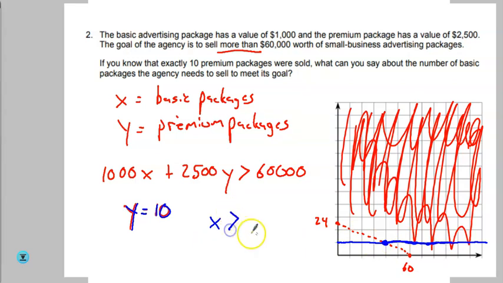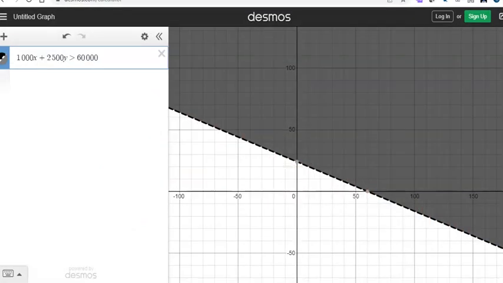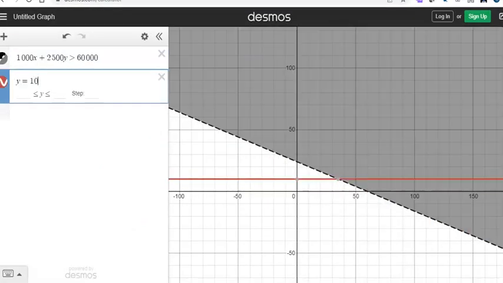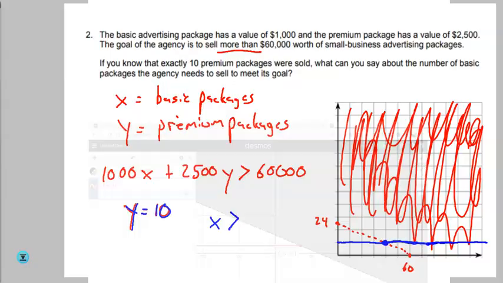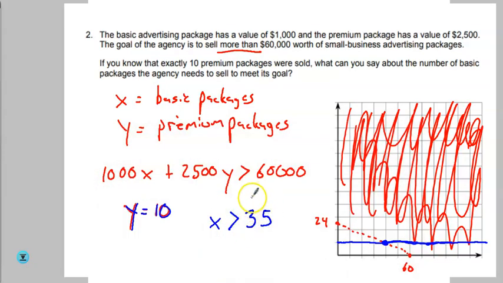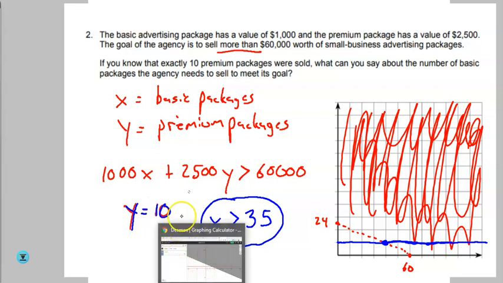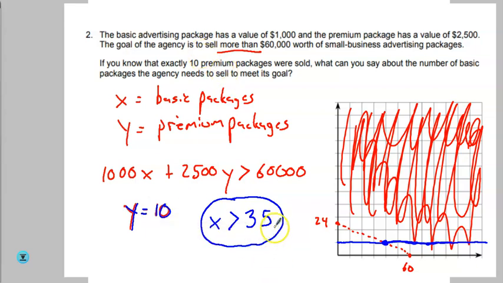It has to be greater than, we need that number. So over here, if we know the Y equals 10, then the X needs to be 35. So X has to be greater than 35 packages to meet their over $60,000. So in other words, X could be 36 or more packages as long as you sell 10 of the premium.